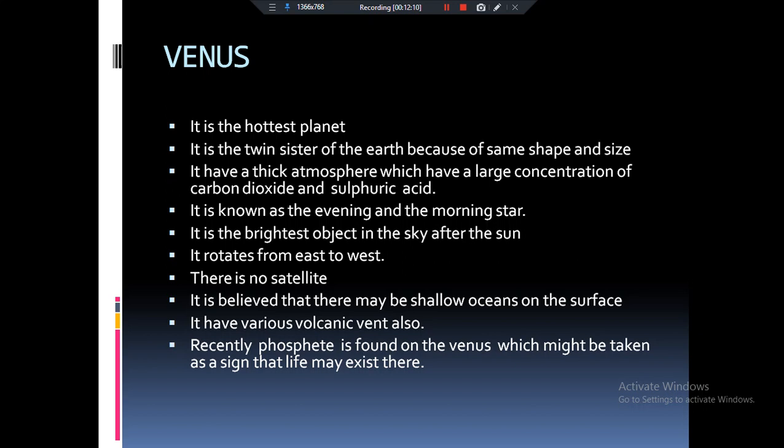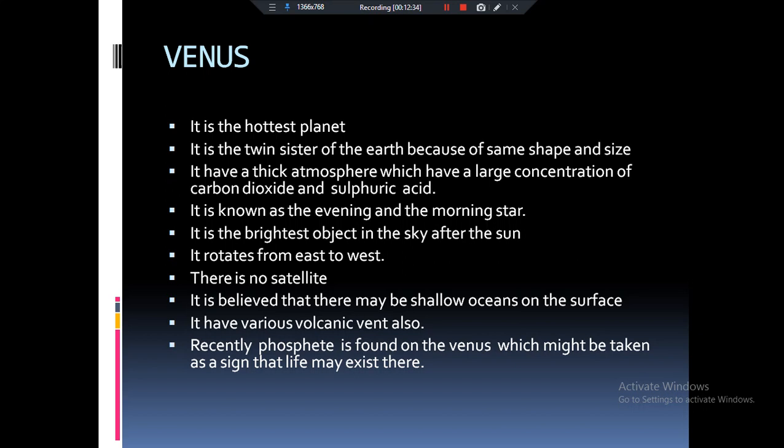No, Earth is rotating in an eastward direction, from west to east. That's why we feel that the sun rises in the east and sets in the west. But if we went to Venus, the sun would rise in the west and set in the east. And the reason is that it is moving in the westward direction.